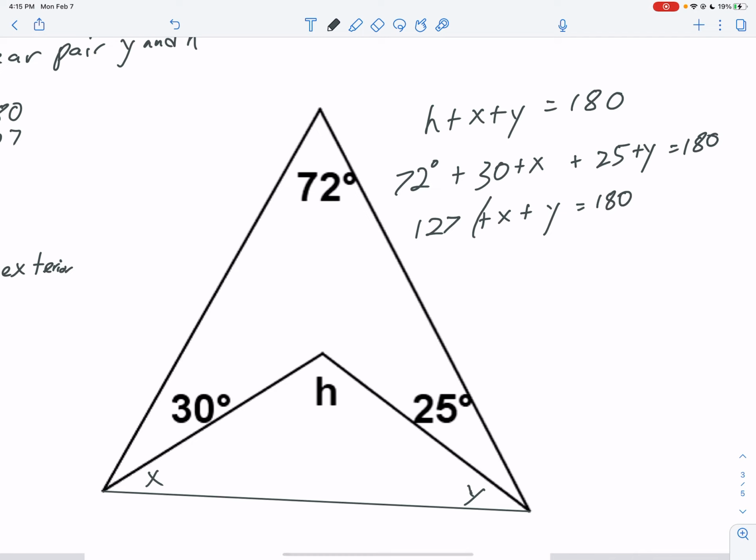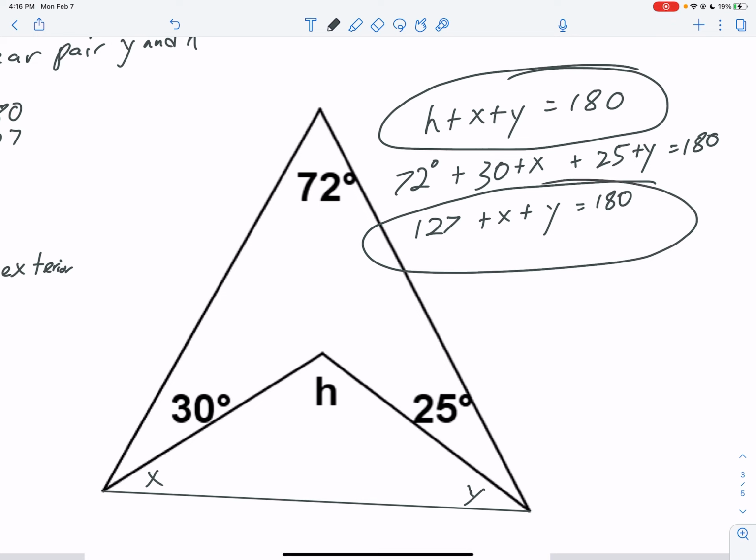And since we don't care what this is, that's h, because that's in our first equation. Look at our first, compare real fast our first equation to our second equation. H plus x plus y equals 180. But this is the same exact equation. It's just saying, instead of h, we have 127. That means h has to be equal to 127. Look, that's the same answer.